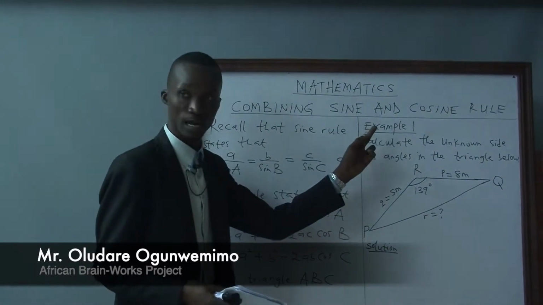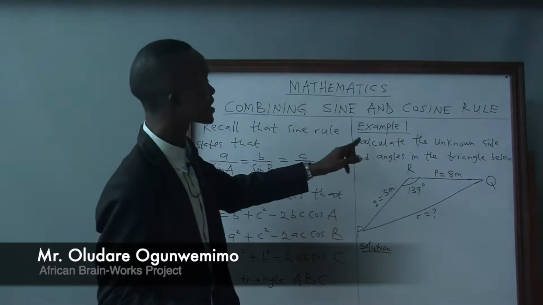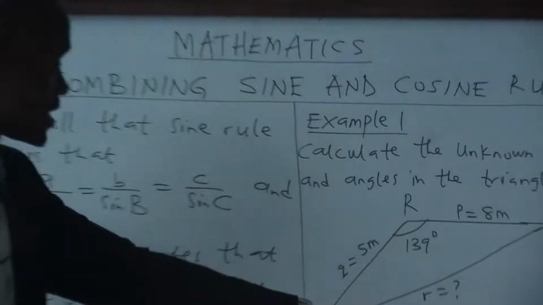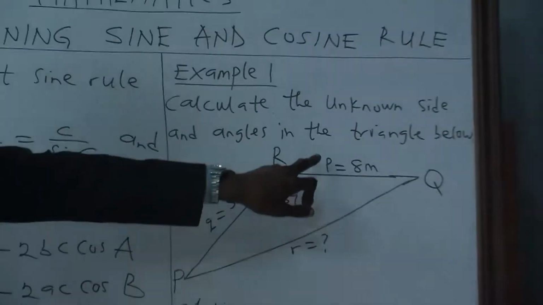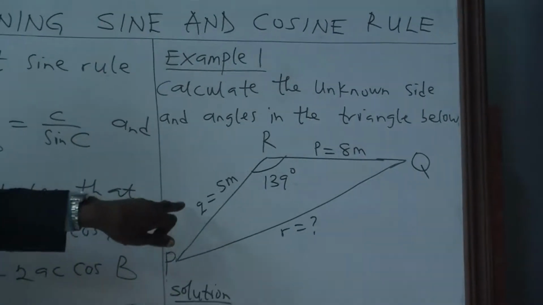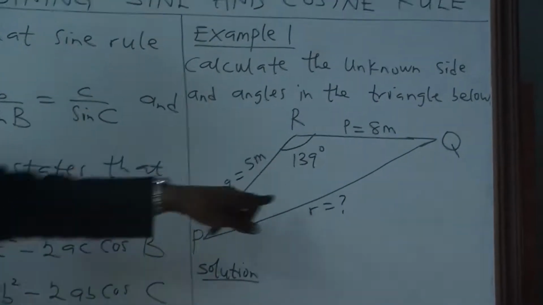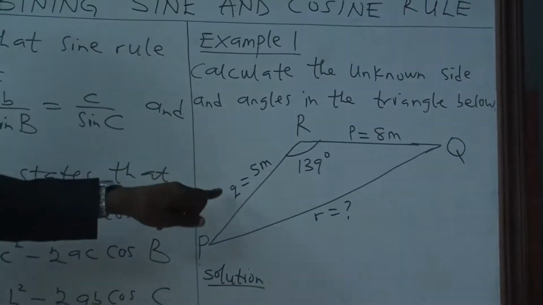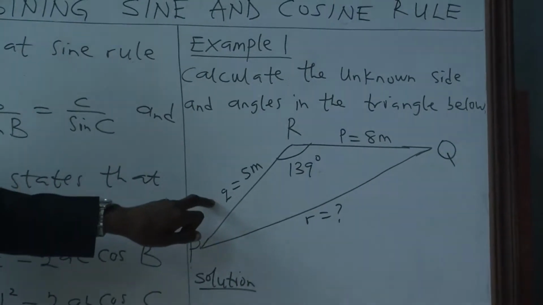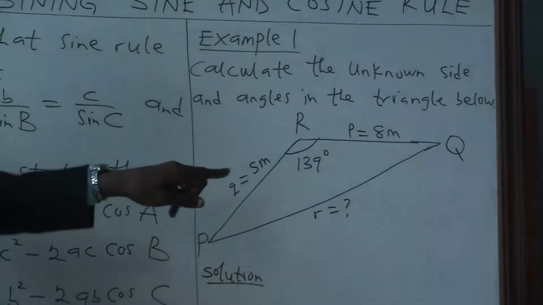Like we have this first example, it says calculate the unknown side. There is a side a that is unknown. We are given side p, we are given side q. Don't forget that the side facing an angle is represented with the small letter of that particular angle, or the lower case.